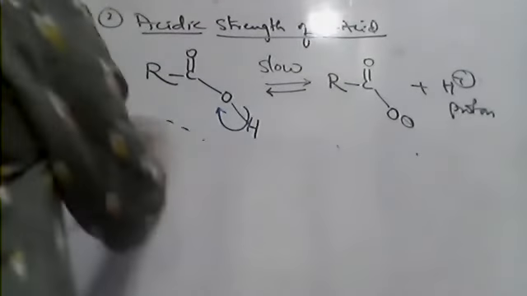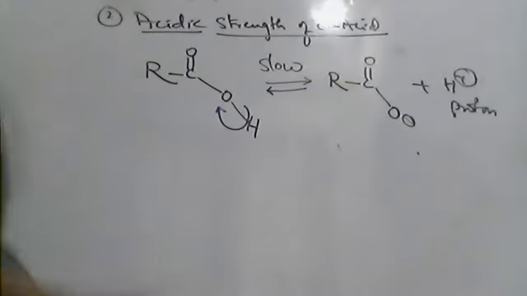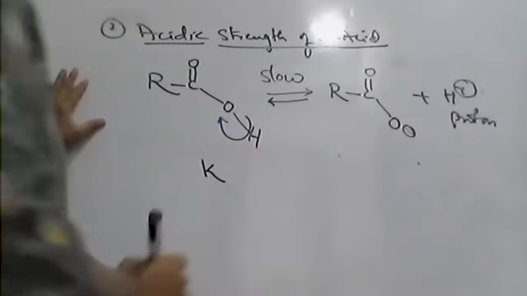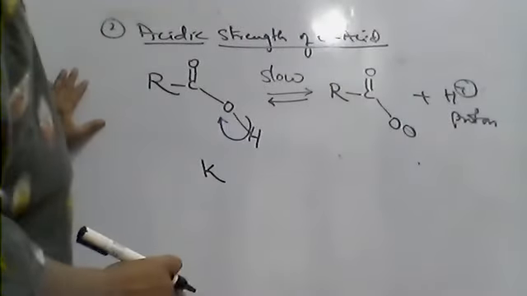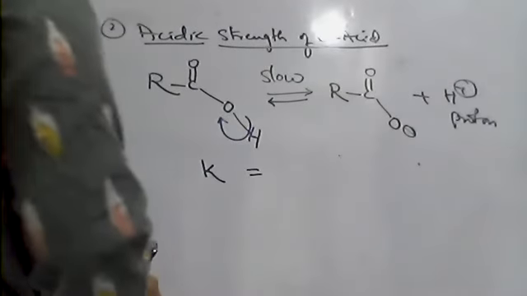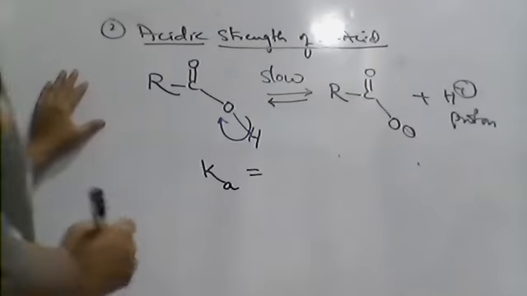How, madam? Look here, I will write the dissociation constant for this, that is the equilibrium constant. K is the dissociation constant, nothing but for this reversible process we are writing the equilibrium constant, that is product concentration by reactant concentration. So for the acid, Ka, what are the products here?